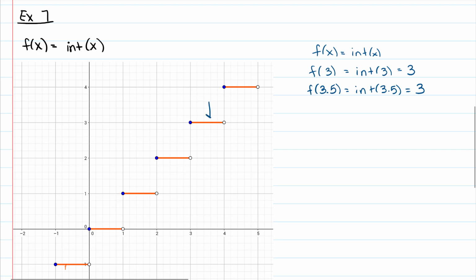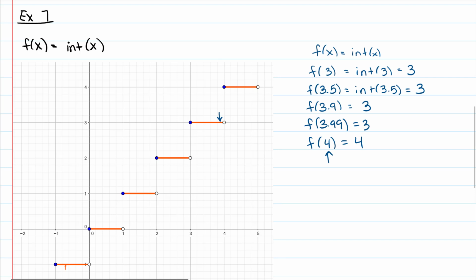Notice that we round down. So f of 3.9 is still just 3. f of 3.99 is still 3. It does not become 4 until you get to 4.